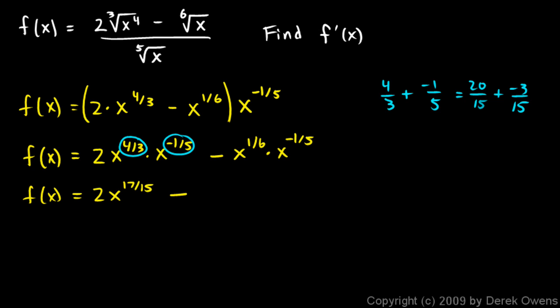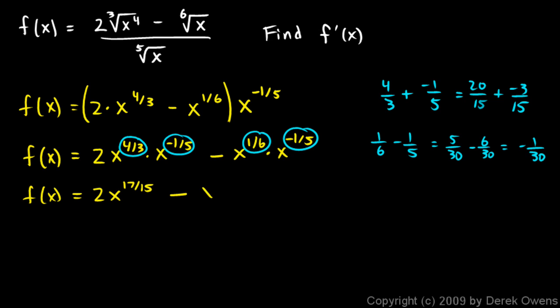Then I have minus, and I need to add the 1/6 and the negative 1/5. Let's do that: 1/6 minus 1/5. Well, 1/6 is 5/30, minus 6/30 is negative 1/30.